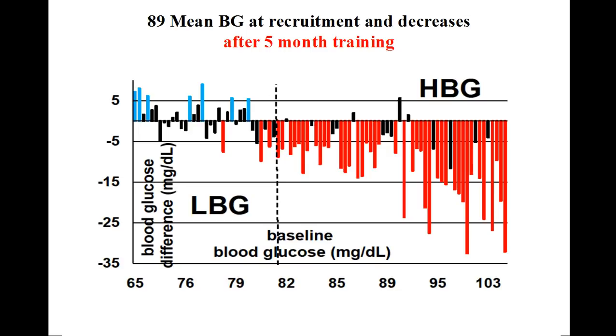MBG, like RMR, decreases during IHMP, in proportion to the height of the value at recruitment. The subject who had 100 mg/dl MBG at recruitment decreased about 30 mg/dl under IHMP. This implies that RMR and MBG are correlated.